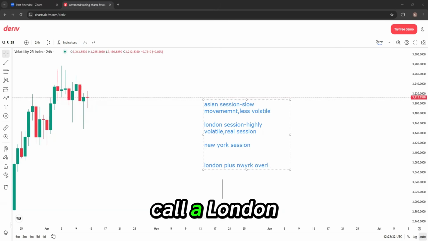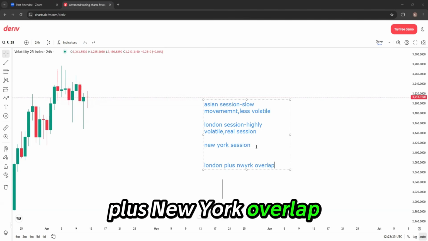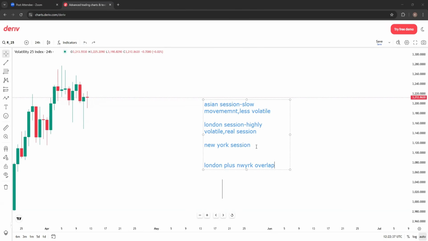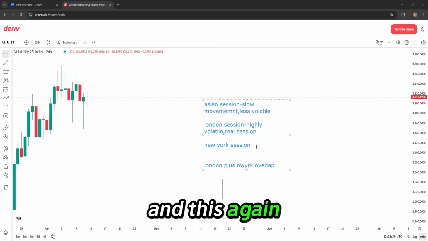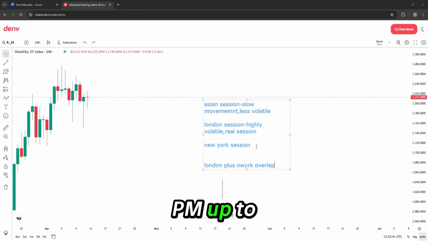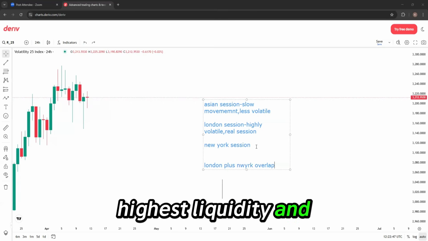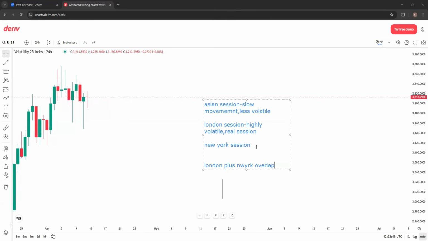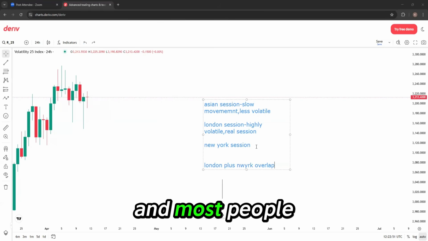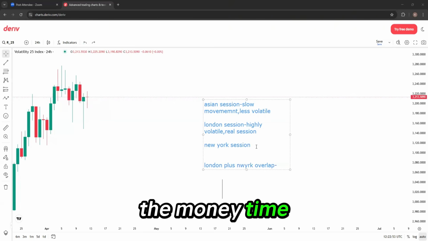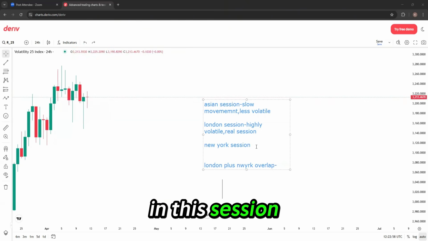And this again is from 3 p.m. up to 7 p.m. And this is where you find the highest liquidity and biggest moves within the market. And most people call this the money time because they maximize as much as they can in this session.